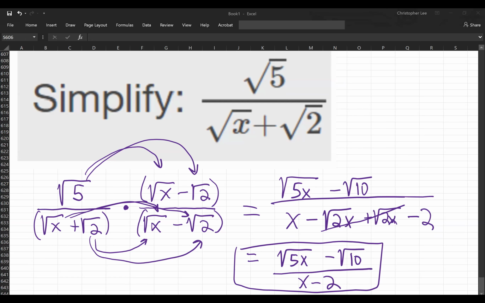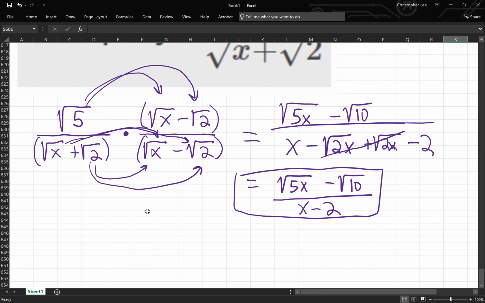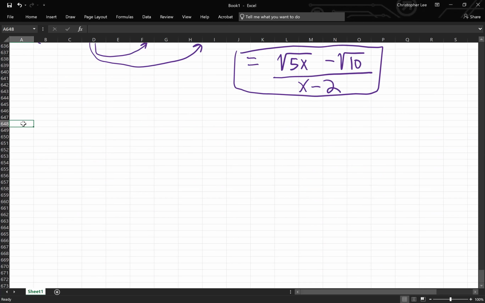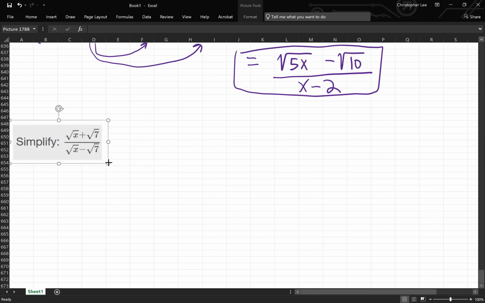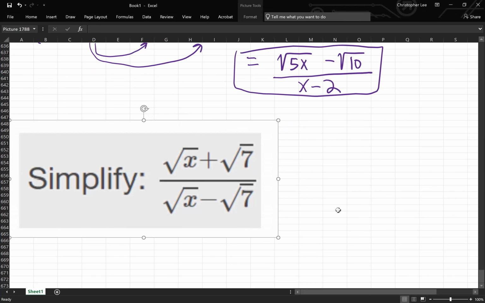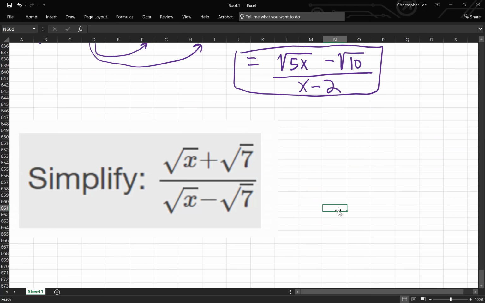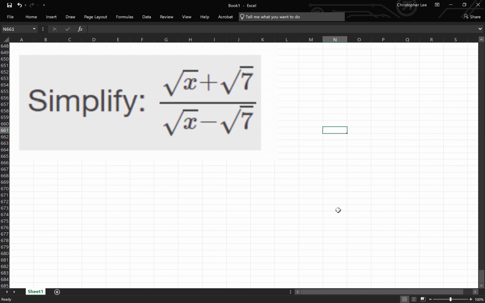All right, let's try this question out. So I have square root x plus square root 7 over square root x minus square root 7. All right. So now I got a binomial divided by a binomial, right?